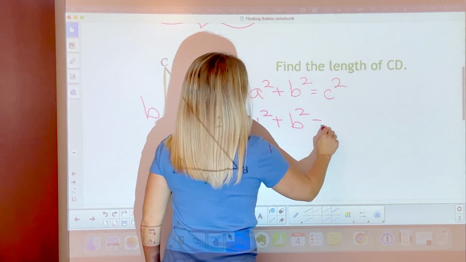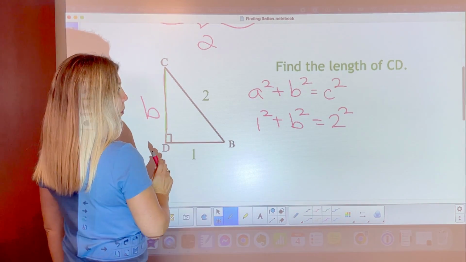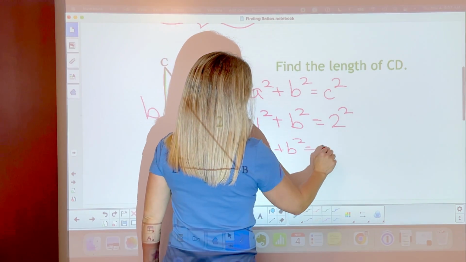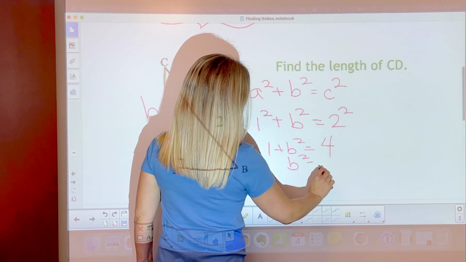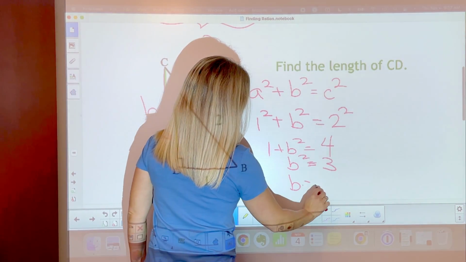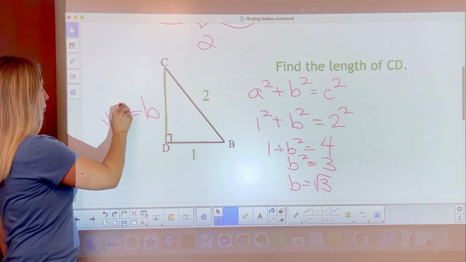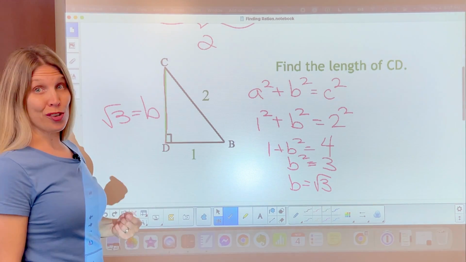C squared is 2 squared because c is my hypotenuse. So now I have 1 plus b squared equals 4. Move my 1 to the other side. B squared equals 3. So b equals the square root of 3. This is the other set of ratios that you need to know.